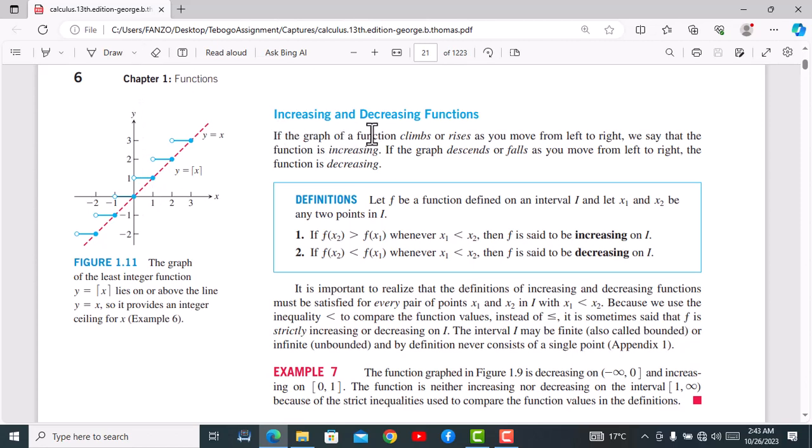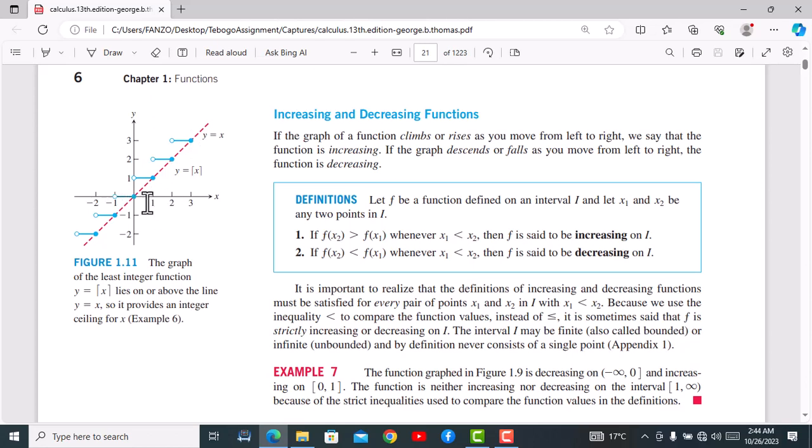So if we are moving from left to right and the graph is climbing or rising, for example in here, just take a look at just this piece, we will say the graph is rising or climbing as I am moving from left to right. As the values of x are increasing here, look at the function. The graph is climbing or moving upwards. Therefore, it is increasing. This is very, very important that we understand that.